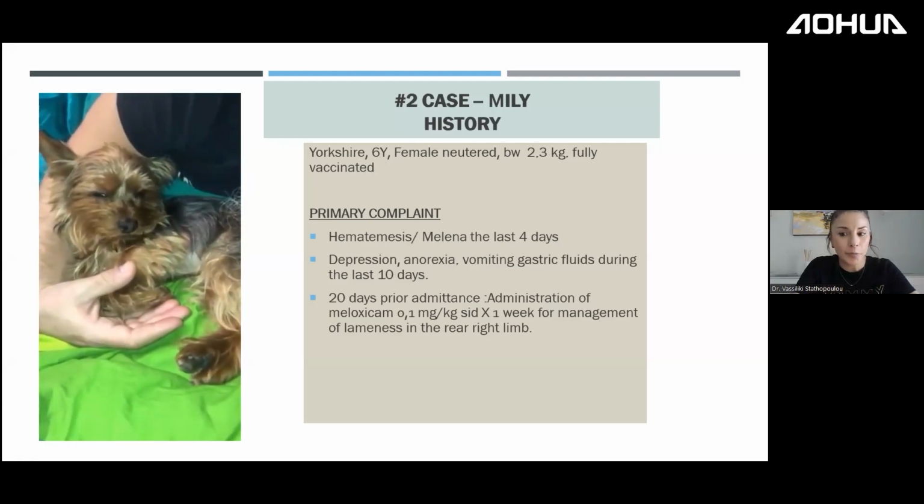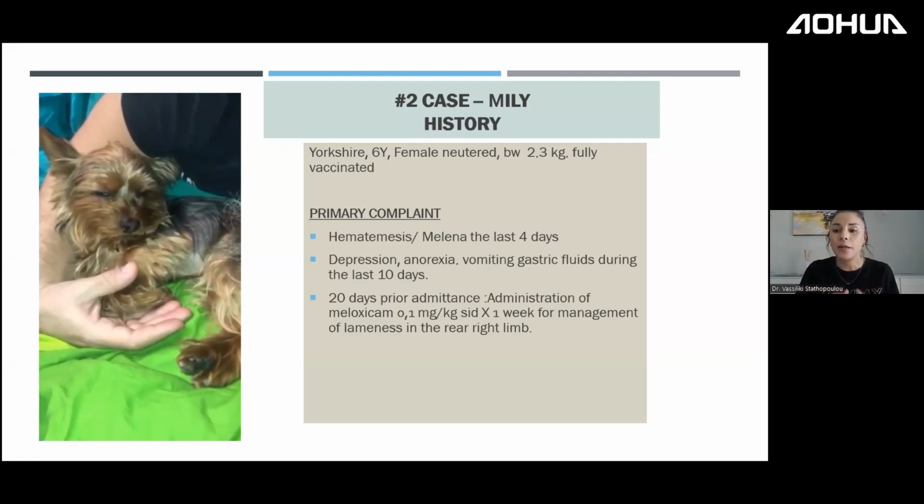She's not in a prayer position, but it's very obvious that this animal is in pain. So this was a Yorkie, 6 years old, female neutered, fully vaccinated, dewormed, never exposed to any toxic agents, always on the arms of the pet parent.